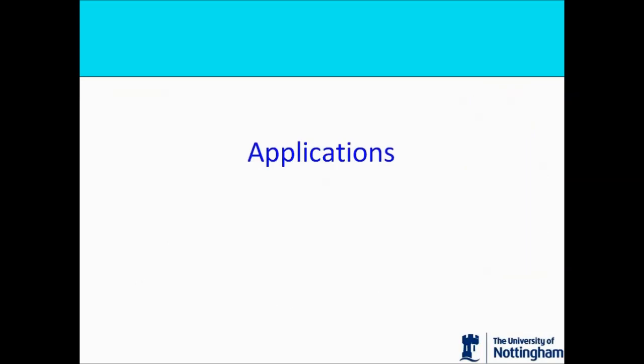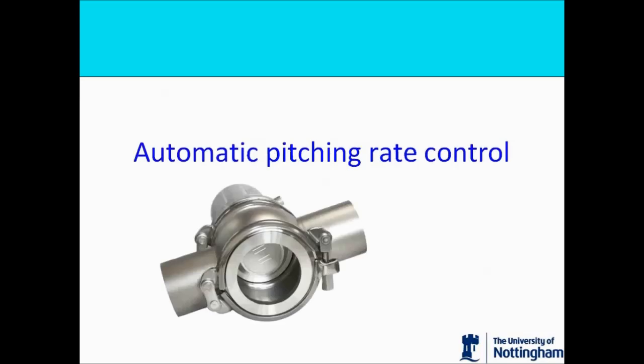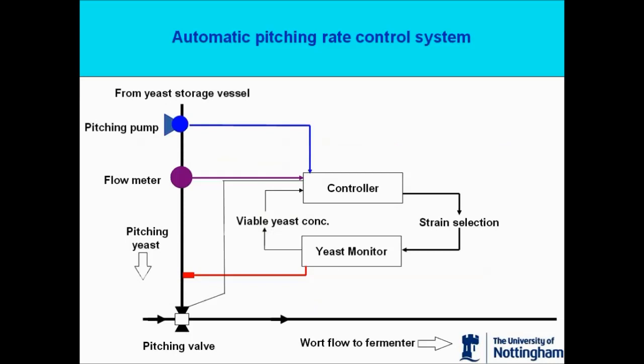Okay, so what things can you use it for, and how well does it work? Well, the most obvious way that you would use the instrument is to control pitching rate inline. And a pitching rate control system would look something like this. Shown along the bottom, you have the main that's carrying the wort from the paraflow into the FV.